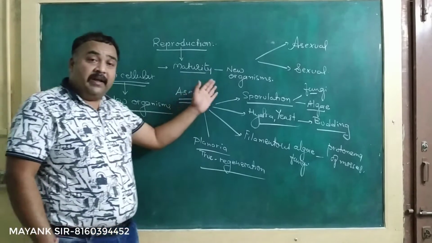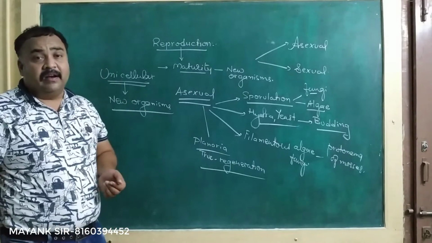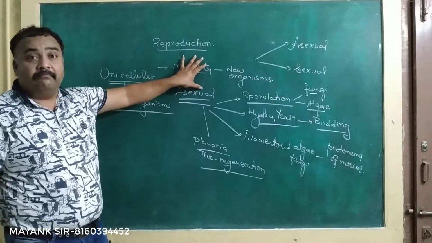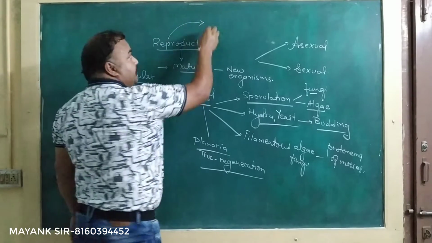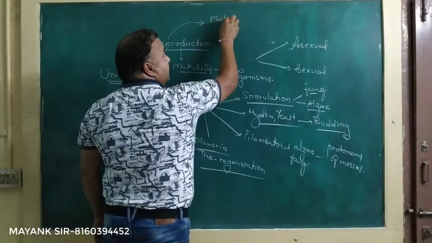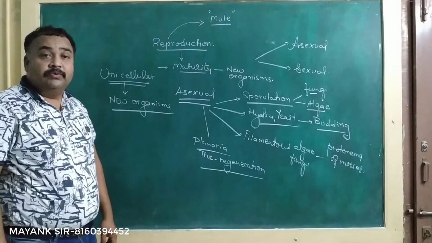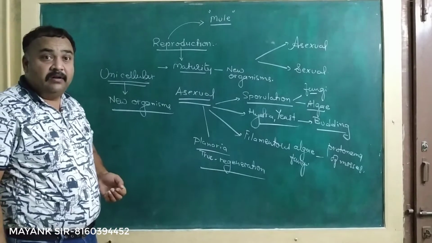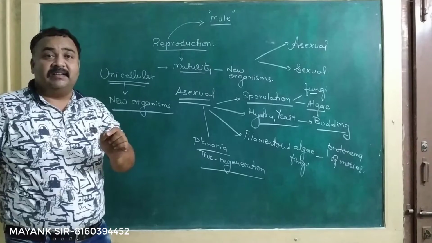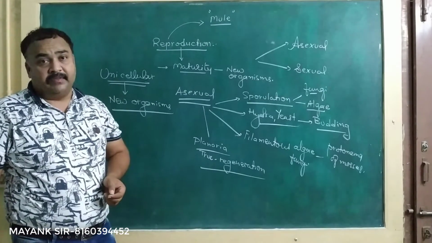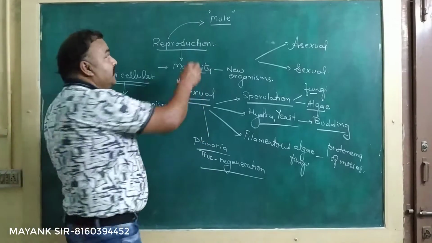So most organisms increase their mass and their number by the process of reproduction, but some organisms are exceptions, for example the mule. Mule, in Hindi it is called tattu, in Gujarati it is known as kachcha. A mule is a product of a male ass and a female horse. A mule is a sterile animal.